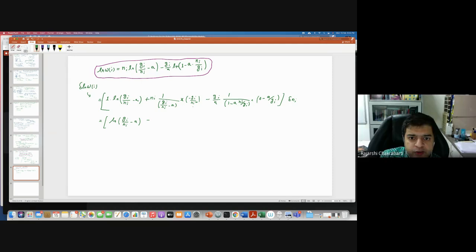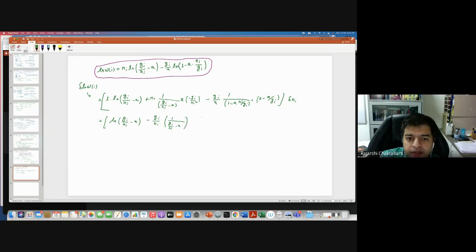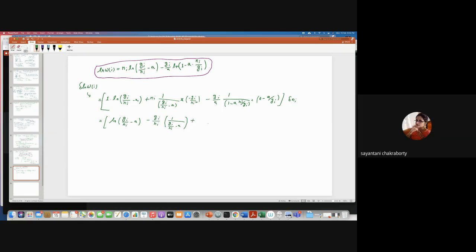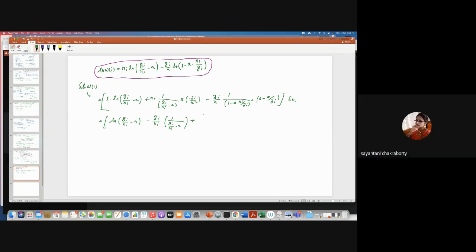Minus gi by ni square into ni, so it is actually gi by ni, times 1 by gi by ni minus a. And what about the next term? Next term is plus. But a cancels, gi will cancel.